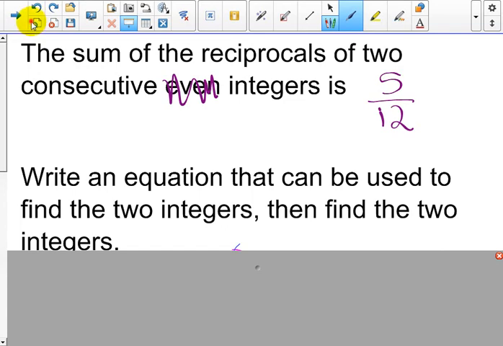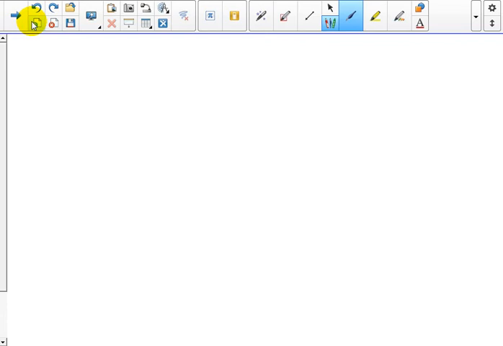Let's back up even to Algebra 1, where you did a bunch of these. We said the sum of 2 numbers. How about this? The sum of 2 consecutive numbers is 11. You could figure this out in your head, right? But let's do it mathematically.